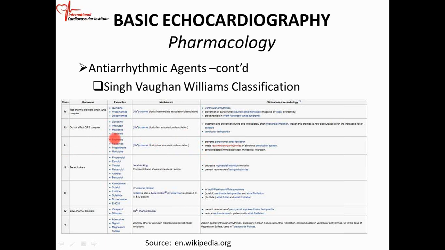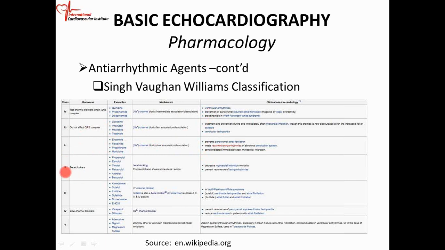So we don't use encainide anymore. But you'll still see patients with flecainide and propafenone, especially if they have normal LV systolic function. All right, so these are your 1A, B, and C sodium channel blockers and the clinical use.